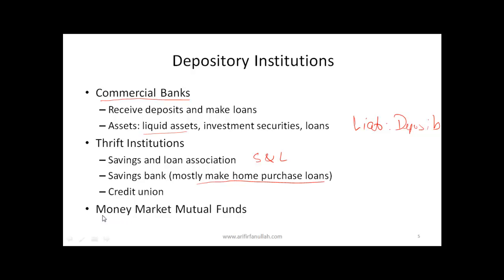And why is a money market mutual fund also considered a depository institution? You can actually think of it in simple terms using Pakistani examples. You can think of Mizan funds or MCB funds, UBL funds. Many of these institutions, if you have extra money that you don't need on a day-to-day basis, then is it logical for it just to be sitting in a checking account?